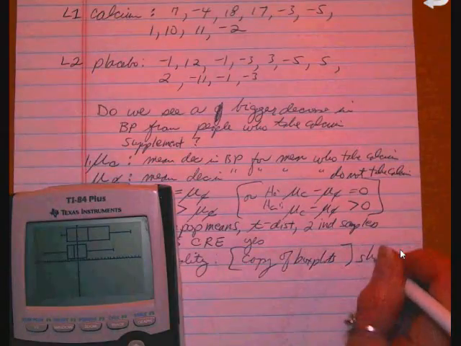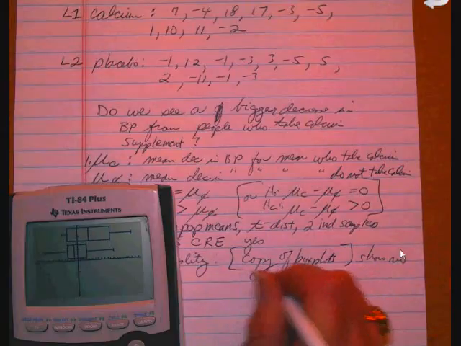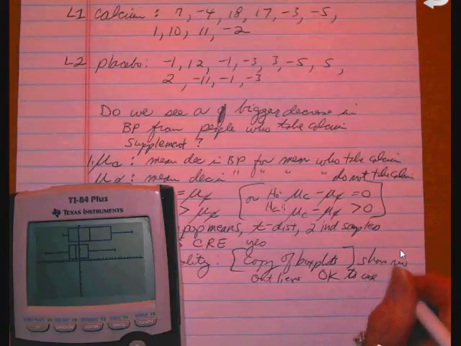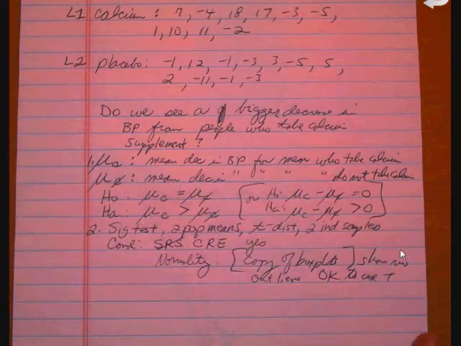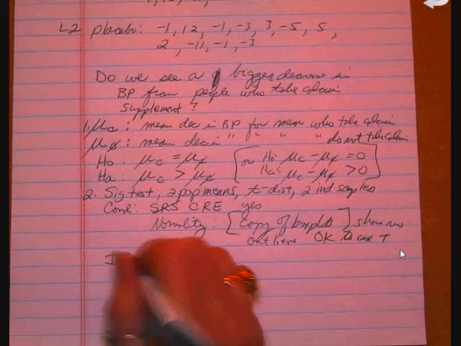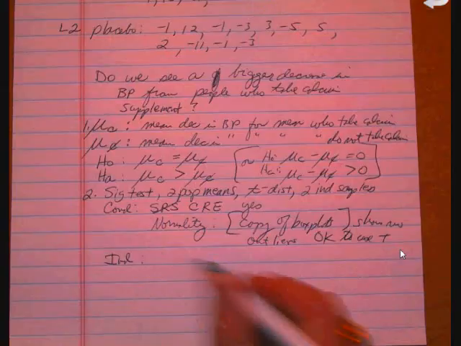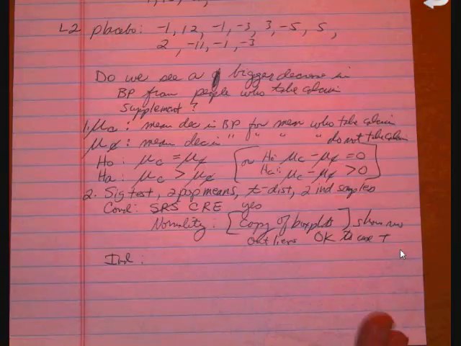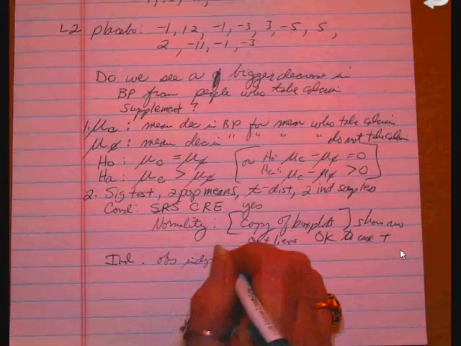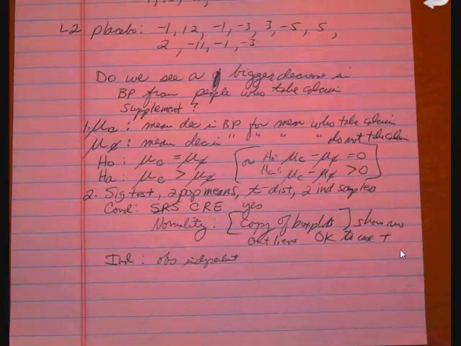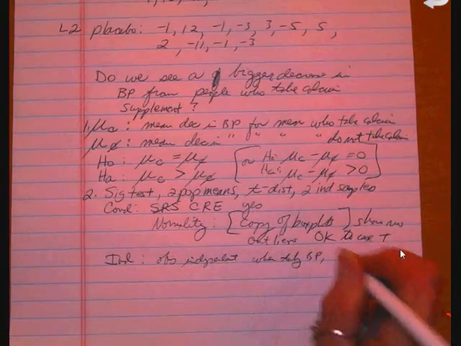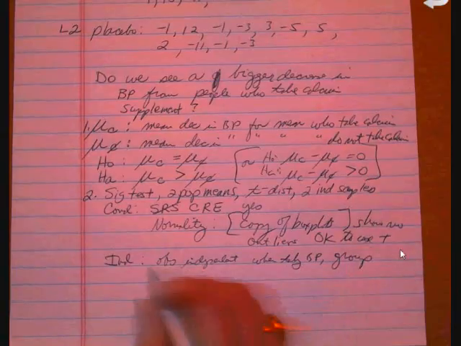They show no outliers. Okay to use T. And then for independence, sorry, we just need to check that the observations were independent when we took people's blood pressure, and that these two groups are independent.